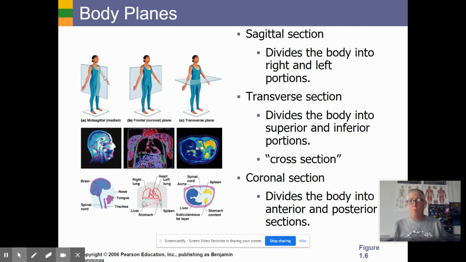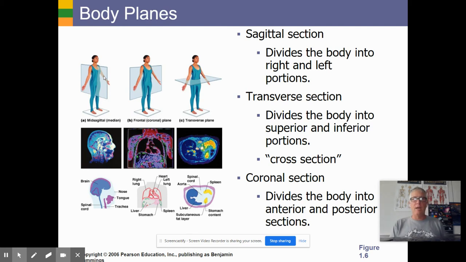So a coronal plane cuts the body between anterior and posterior. There's not a mid-coronal plane like the mid-sagittal plane, but I can cut the body in different sections. They don't need to be equal to be coronal. It just has to cut the body between the anterior and posterior, or ventral and dorsal sections.